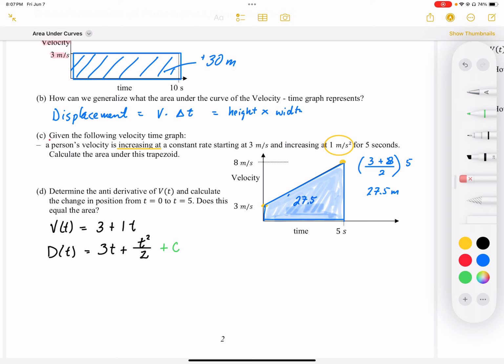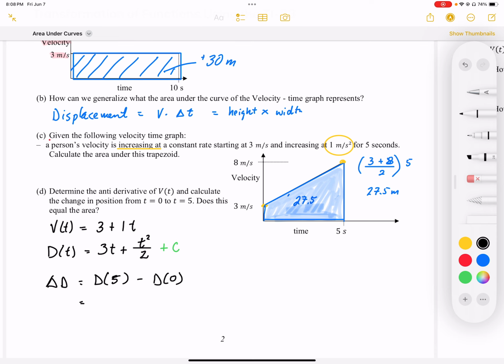But we're going the other way around, so we just have to make sure that we account for the fact that it could possibly exist. What we're going to do then is find the change in the displacement. That's going to be the position at 5 seconds minus the position at 0 seconds.